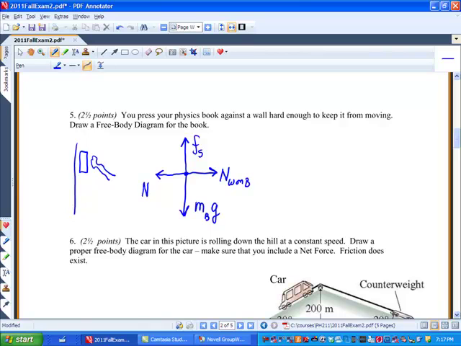I guess you could say the force of the hand, but probably the normal of the hand on the book would be slightly more appropriate. And, you know, in my picture, maybe the hand was pushing up at an angle, so if you had an angle in there, that would be okay. But regardless, what is the F net in this case? 0.